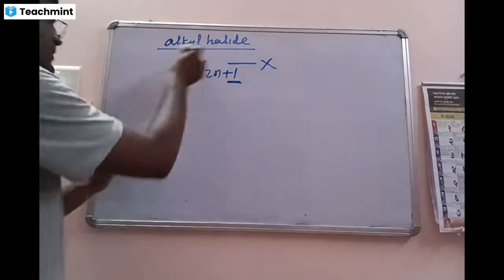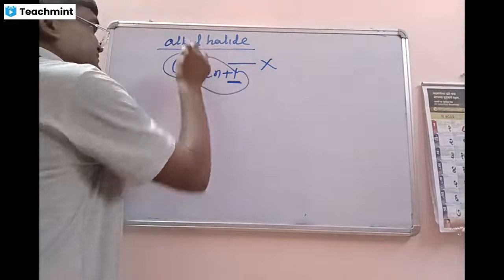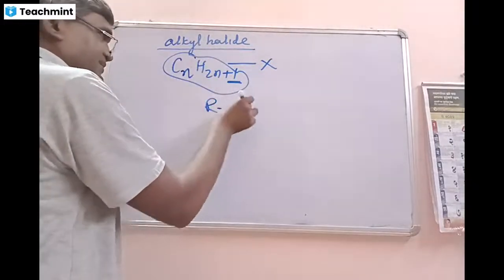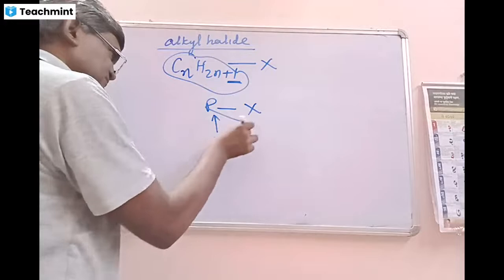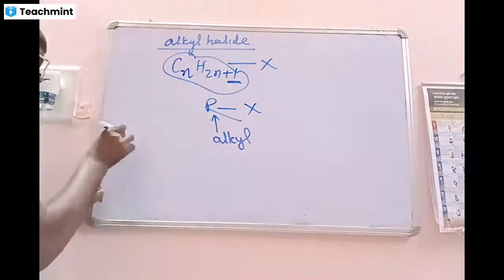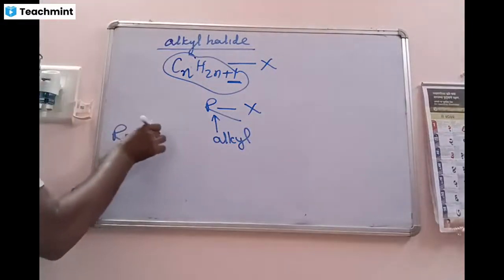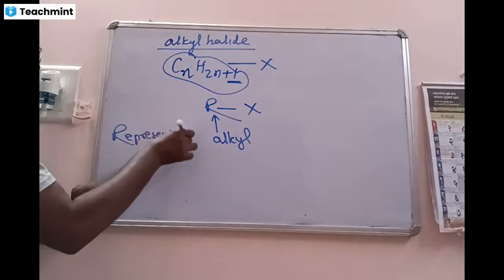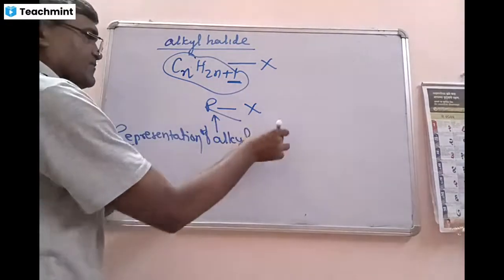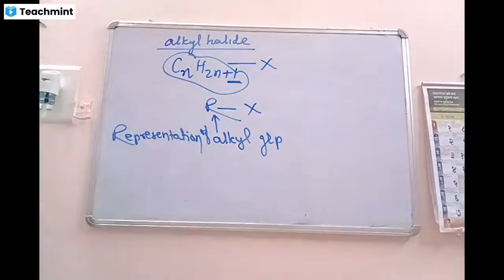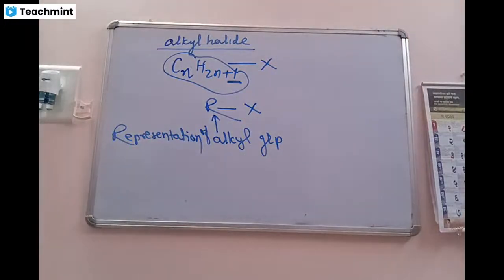Now overall this part is represented as R-X. R is what? Representation of alkyl group. Short term notation.